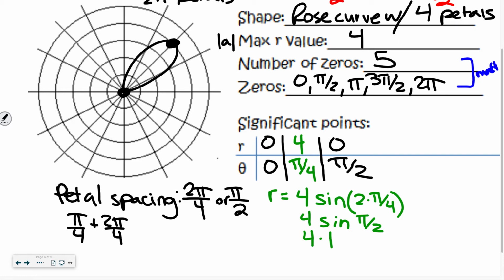Your next petal will be at 3 pi fourths. And your next petal will be at 3 pi fourths plus 2 pi fourths, 5 pi fourths. And then add 2 pi fourths again, and it'll be at 7 pi fourths.